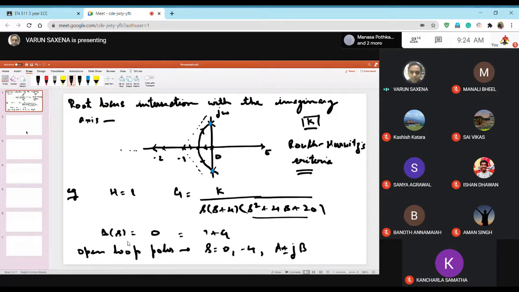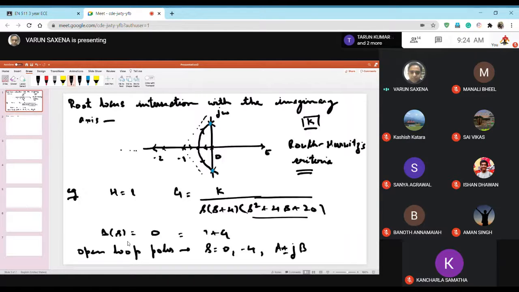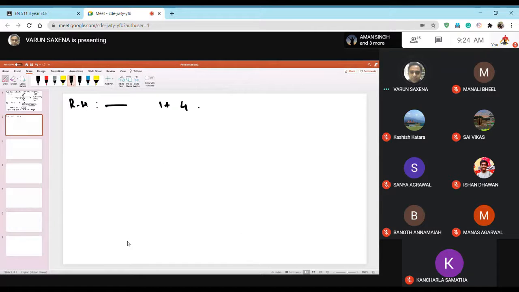Okay, so if I ask you to evaluate the characteristic equation, if you remember when we used to apply RH criteria, we used to formulate the characteristic equation. So for this case, as I mentioned before, the characteristic equation is given by this. So if I write 1 plus G equal to 0, this equation becomes S, S plus 4, S square plus 4S plus 20, plus K equal to 0.